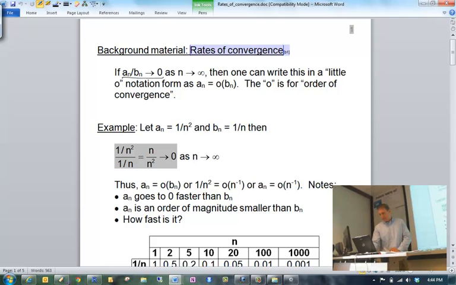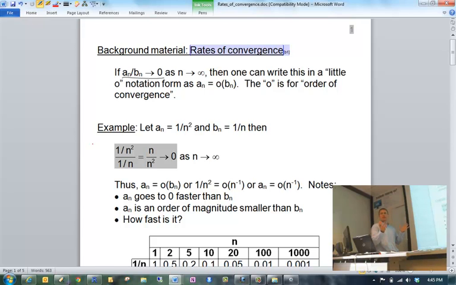Simply, if I have something A sub n, dependent upon n, and for us, eventually n is going to be our sample size, divided by B sub n, and if that goes to 0 as n goes to infinity, we can write this in what's called little o notation. We could say A sub n is equal to little o of B sub n. It's just notation.